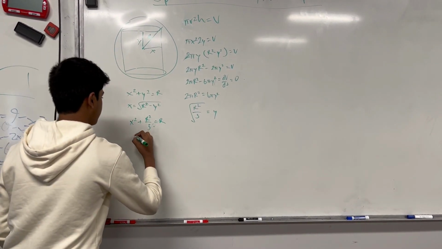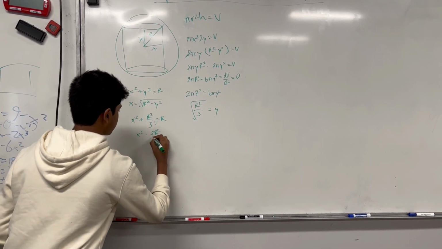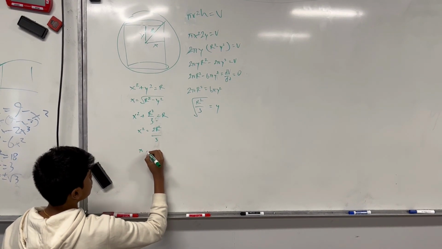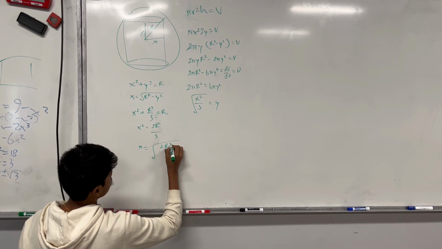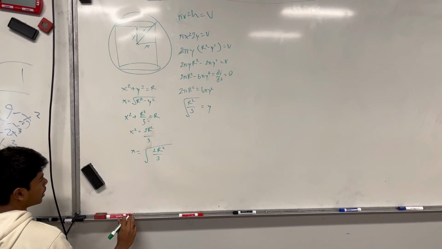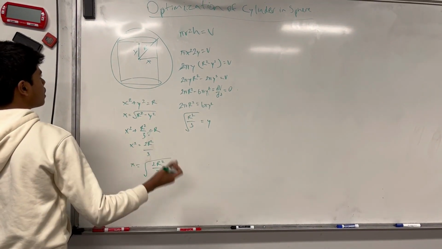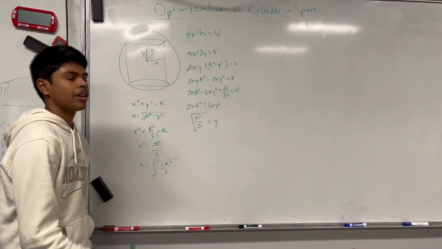And so x squared is equal to 2r squared over 3, or in other words, x is equal to the square root of 2r squared over 3. If we were given a numerical value for the radius, we can plug it back in to find x and y and the maximum volume of the cylinder. And that's how you optimize a cylinder and a sphere.